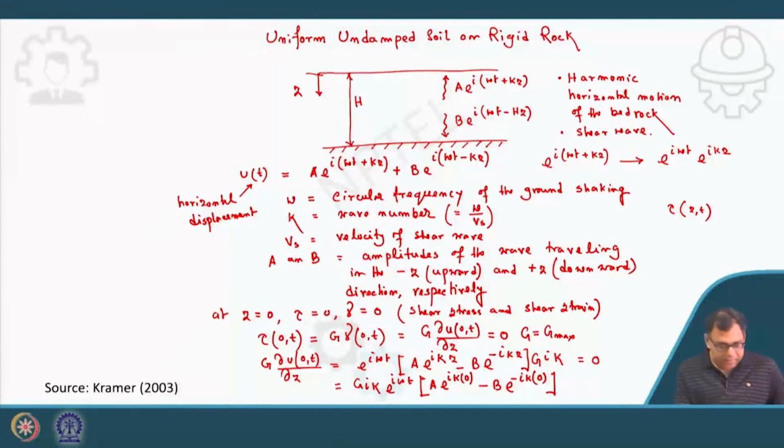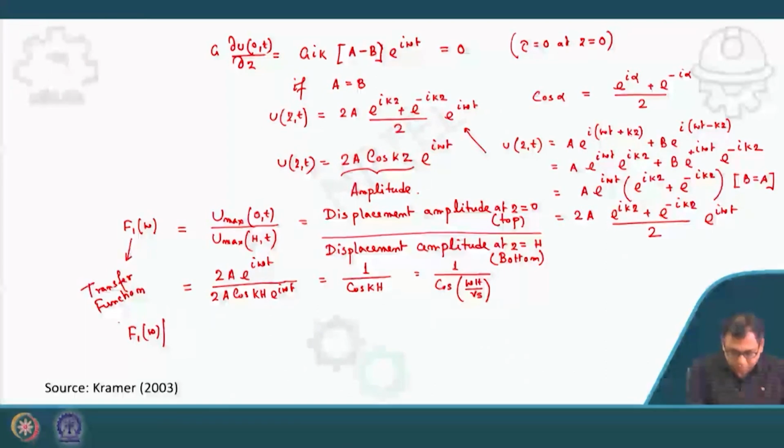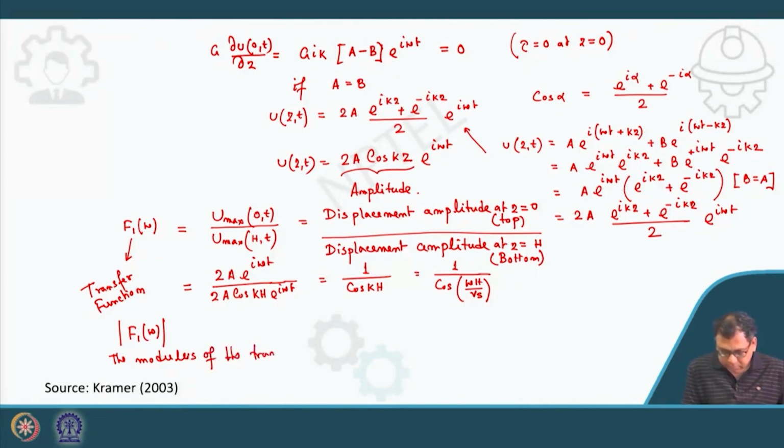K value is given by omega by Vs. So I can convert it to omega h by Vs. Now the modulus of the transfer function, that is F1 omega, the modulus of the transfer function is called the amplification function.